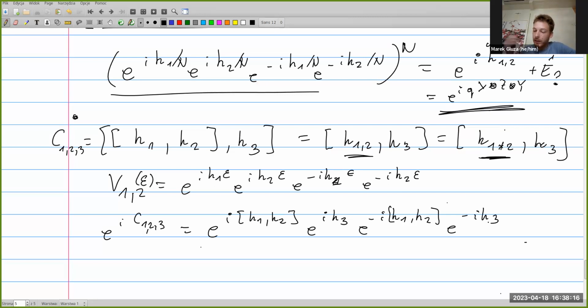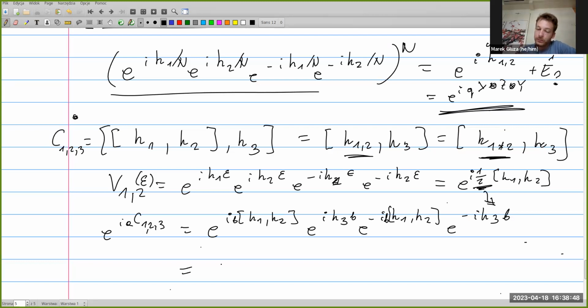And I'm not very careful about some phases, so maybe there will be some A, B. Maybe I need, there was this 1/2 problem there. Okay, so this will be e to i 1/2 commutator h1 comma h2. Because of this 1/2, maybe I need this b and a.